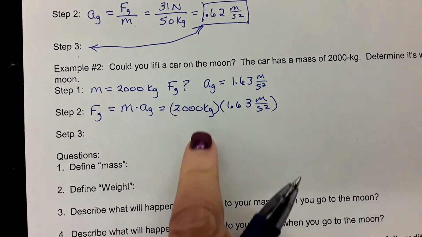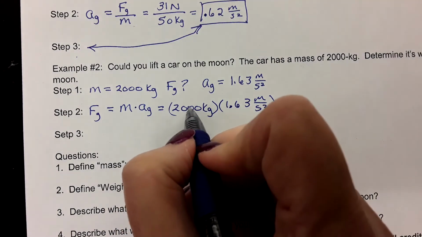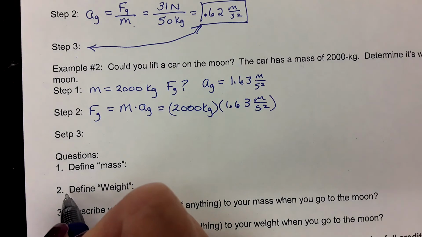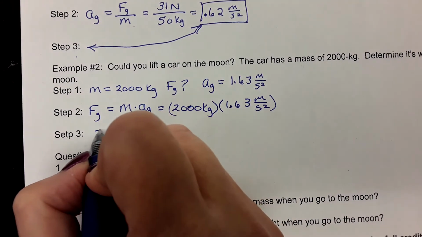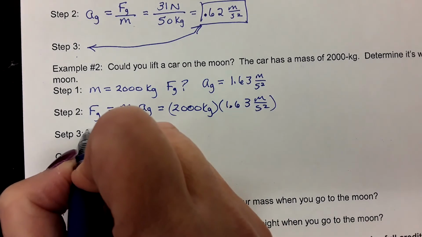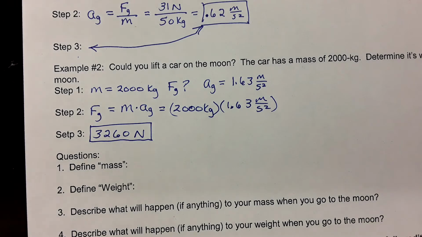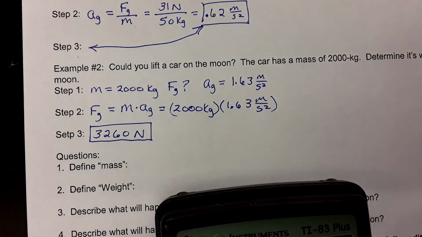So if you go ahead and multiply that out yourself, see if you get the same thing that I get, okay? I got 3,260 newtons, all right?